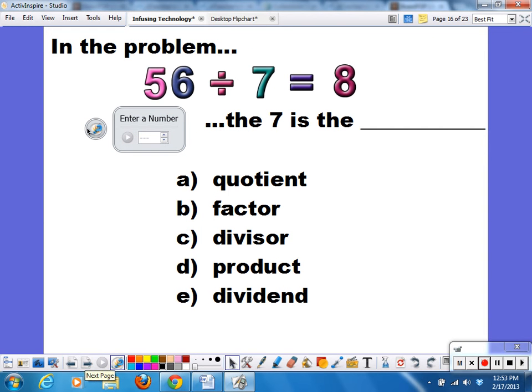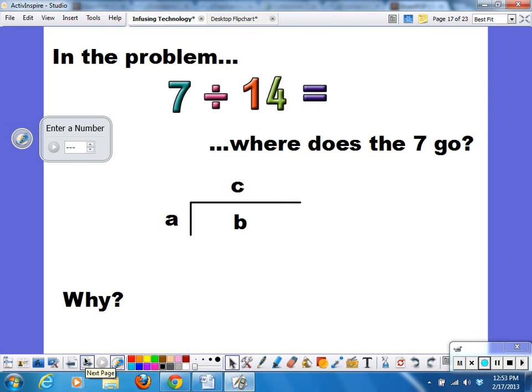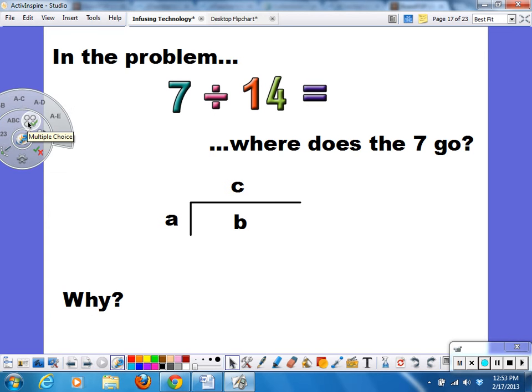You can build your multiple choice or your Active Inspire questions. You can build them ahead of time. Here I use some of the fancy numbering that came in one of the resource packs, made this ahead of time, knew I was going to ask it. Here's an example of where a multiple choice would only have A through C as a choice.